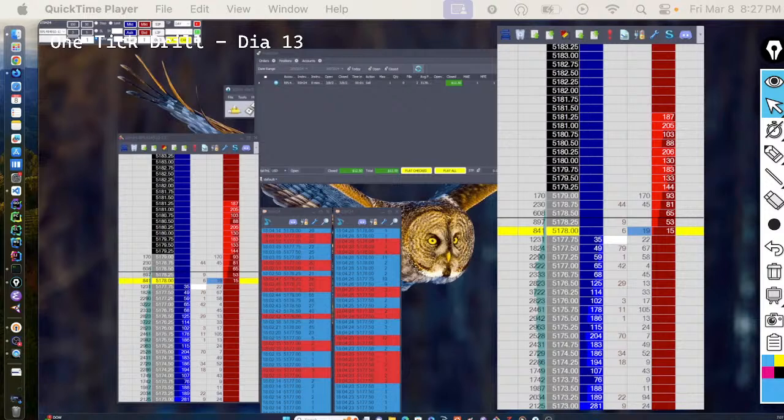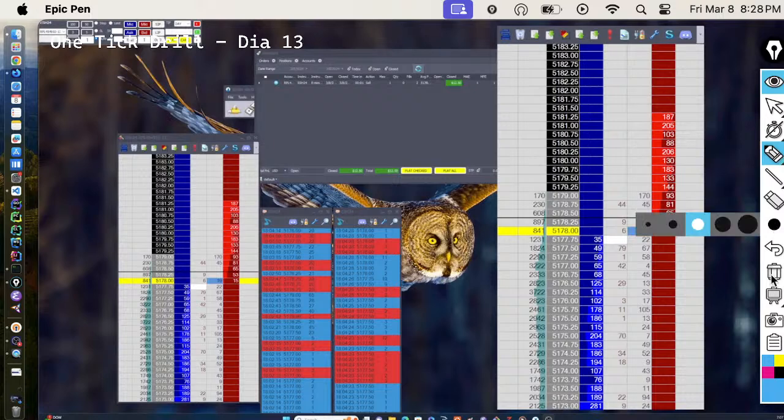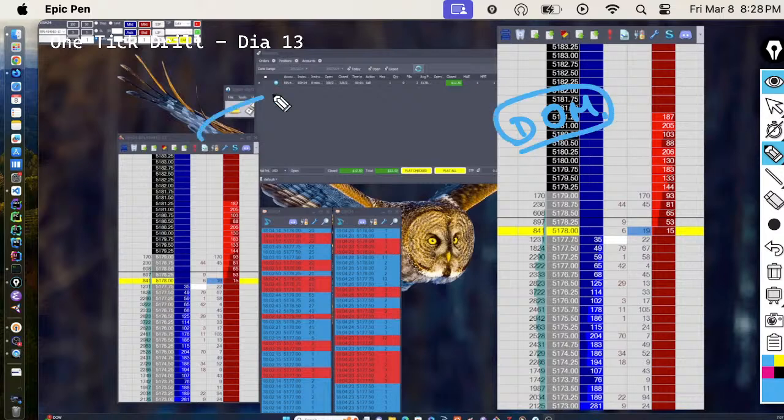Okay, so I will explain what I have on my screen, for those of you that see this kind of video for the first time. What you see here is the DOM, depth of market, and these ones are the same, basically.